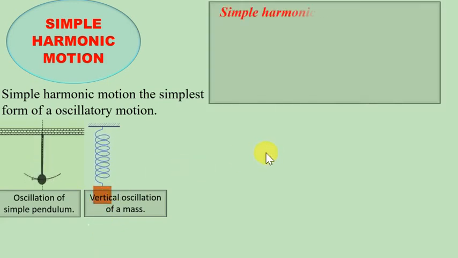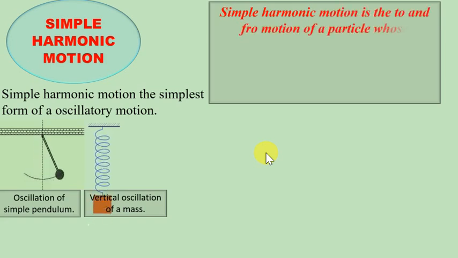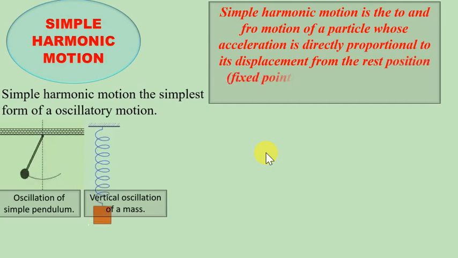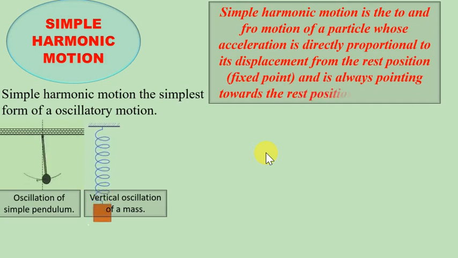So therefore, we can now define simple harmonic motion as the to and fro motion of a particle whose acceleration is directly proportional to the displacement from the rest position or fixed point, and it's always pointing towards the rest position.